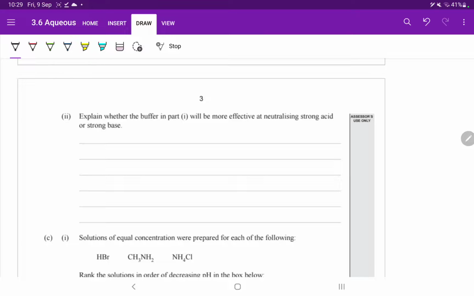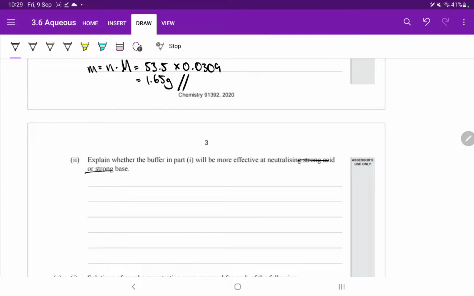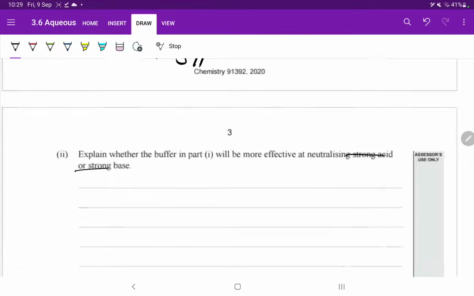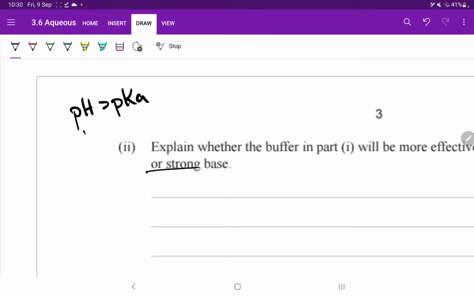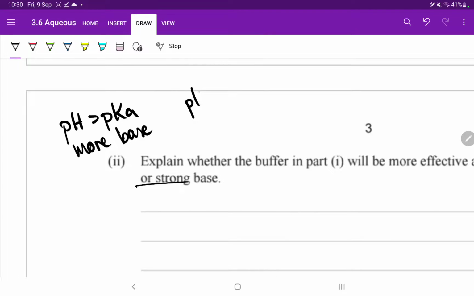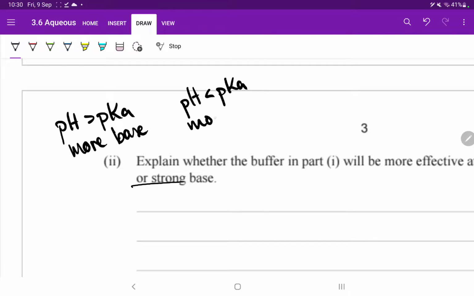Okay, so explain whether the buffer in part I would be more effective at neutralizing a strong acid or a strong base. Right. So if pH is greater than pKa, then there is more base. And if pH is less than pKa, then we have more acid, right?